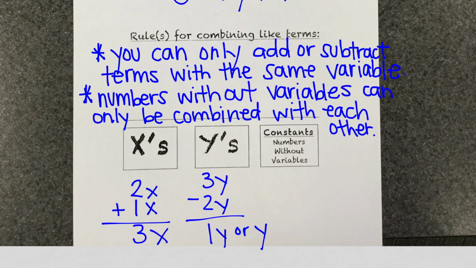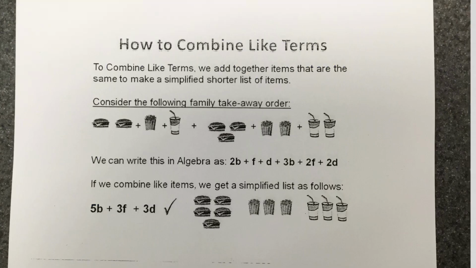And then my constants were what? 4 plus 7, which is 11. So that gives me 3x plus y plus 11. There is my expression. Okay, so remember those rules. You can only add or subtract terms with the same variable, and numbers without variable can't be added to ones with variables. So this just kind of shows you what we did earlier on the board.